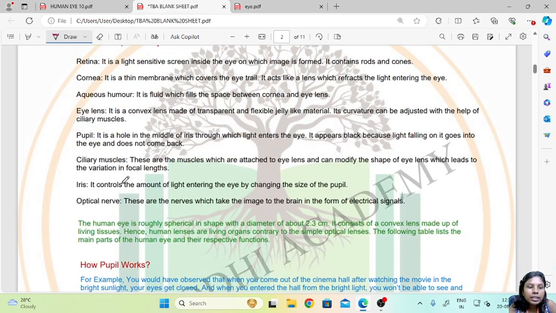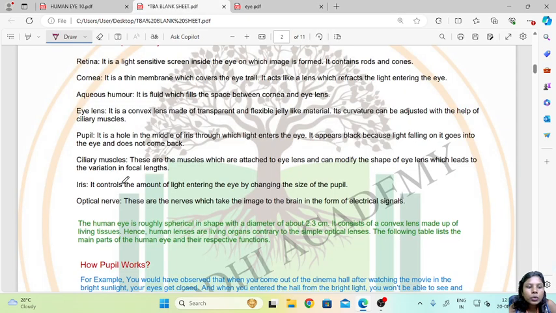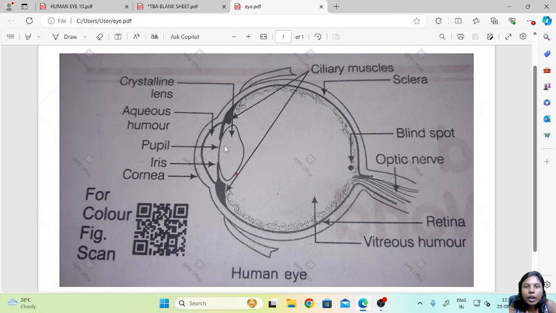Next we have the iris. So these ones over here, these side openings, they are known as the iris. It controls the amount of light entering the eye by changing the size of the pupil. If you have ever noticed, if you shine direct light onto your eyes, you can see the pupil shrinks.